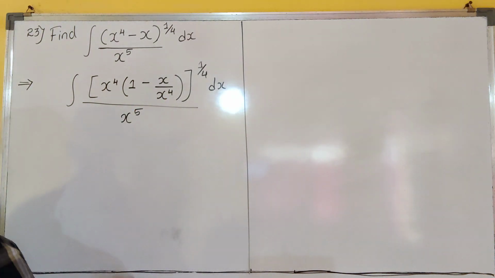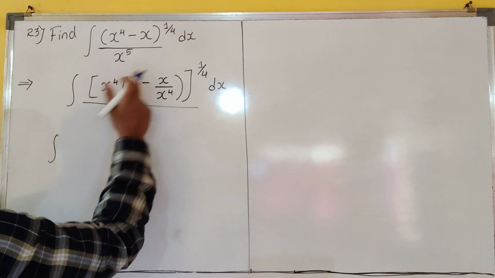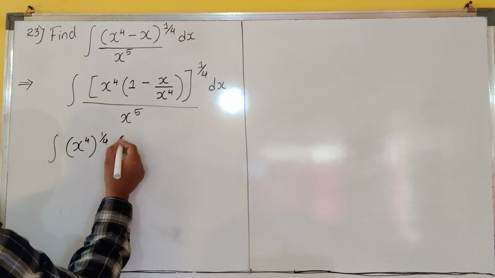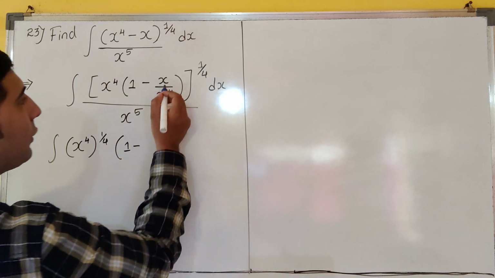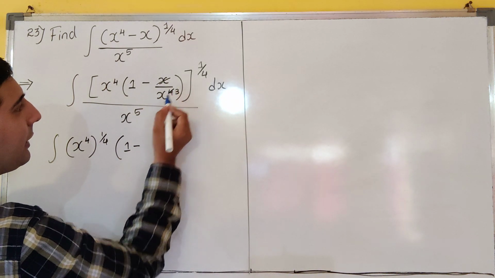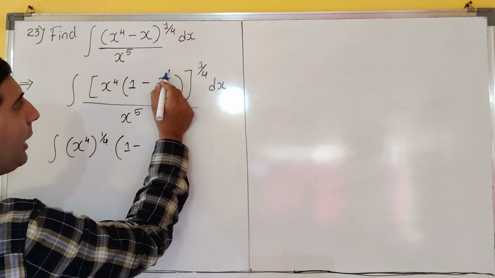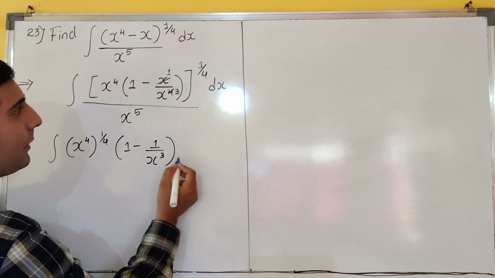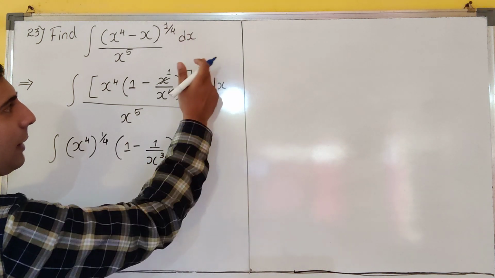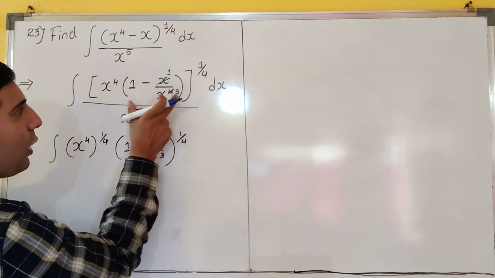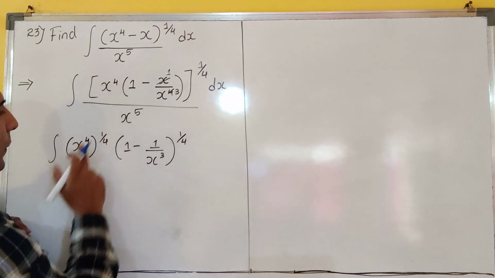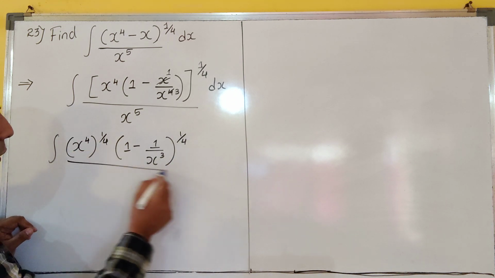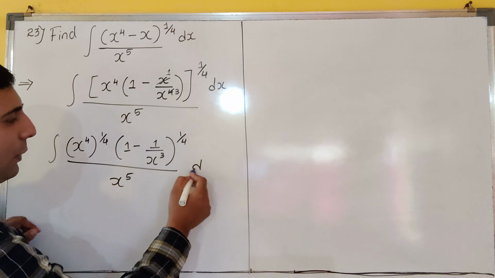So now I can take it inside: x raised to 4 raised to 1/4, and 1 minus. 1 x gets cancelled, x raised to 3 will remain here. Here nothing is there, meaning 1 remains. So 1 upon x raised to 3, raised to 1/4. This raised to 1/4 belongs to this bracket also, x raised to 4 also. I have taken 1/4, 1/4. So now this whole divided by x raised to 5 you can write.